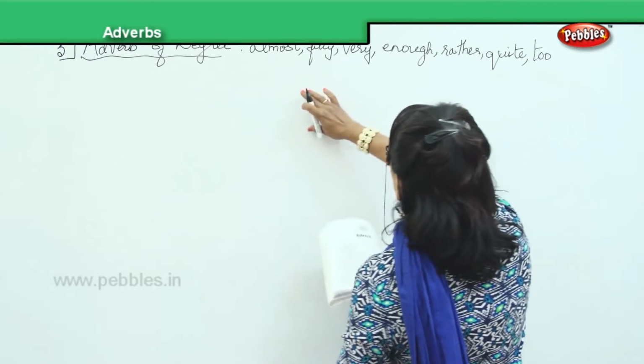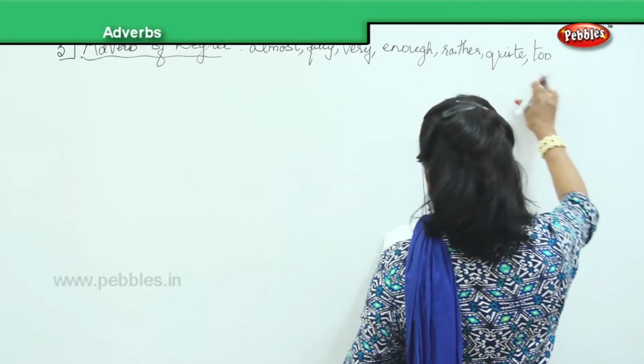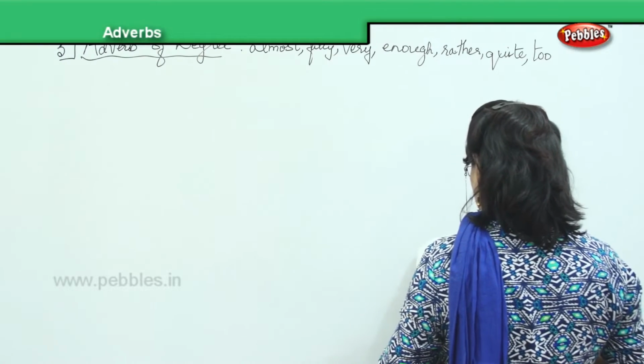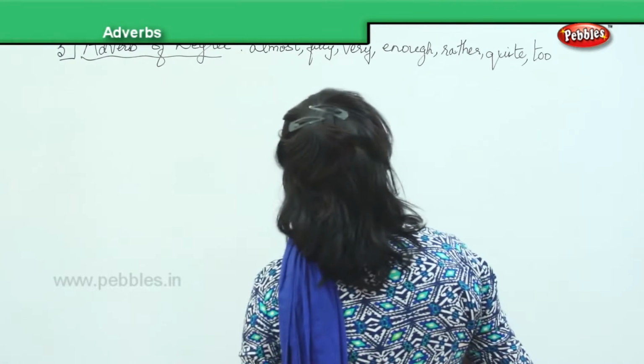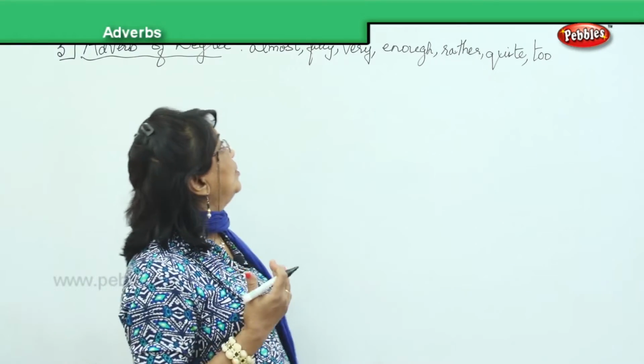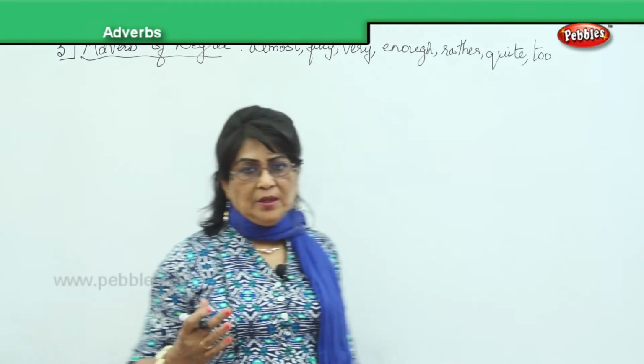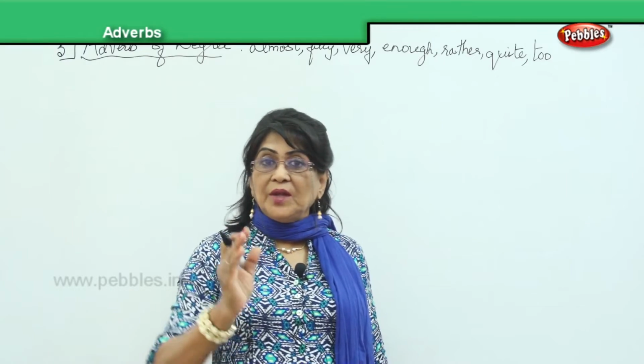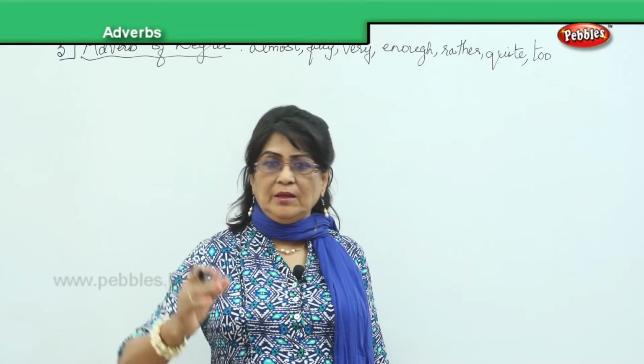That's it: 1, 2, 3, 4, 5, 6, 7. So these are the examples of the adverb of degree. That is, what degree, what intensity it is.